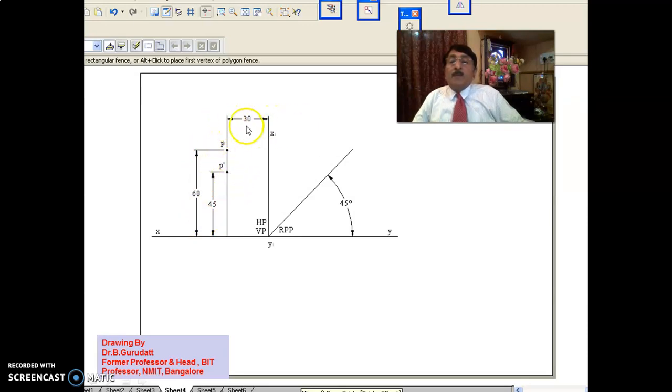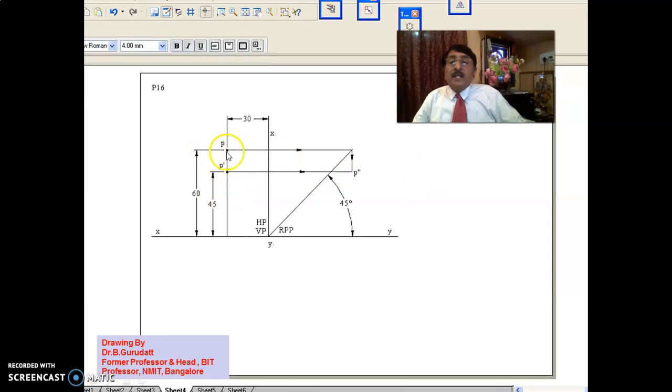This is 30 mm from RPP, right? And you know very well, front view and side view should be on the same projector, because if it is 45 above HP, your P double dash should be on the same projector. In that way, you meet the 45-degree line and come down, and take a projector from here. This will be P double dash.